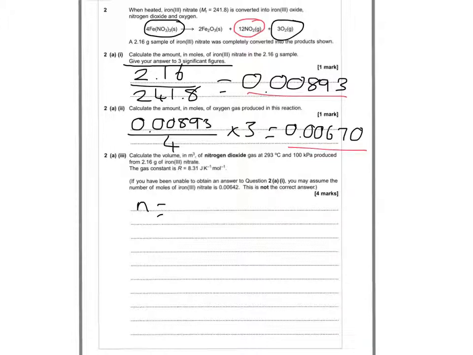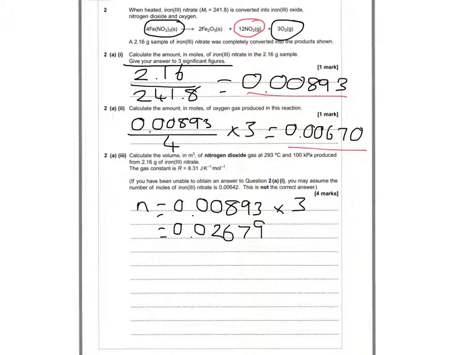If you start off with the moles of iron nitrate, then you want to times it by 3 because you've got a 4:12 ratio. Hopefully you can see that at the top. So it should be 0.00893 times 3, and that will give you 0.02679 or thereabouts.